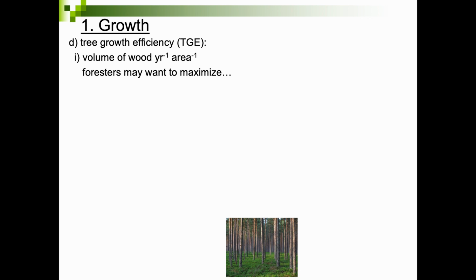They're going to want to maximize tree height. So tree height is not analogous to tree growth efficiency. If you are in the paper industry or the wood chip industry, you don't care how tall your trees are. You're trying to maximize growth efficiency to get as much wood as you can out of that area. So again, depending on your aim, you're going to interact with your stands accordingly.